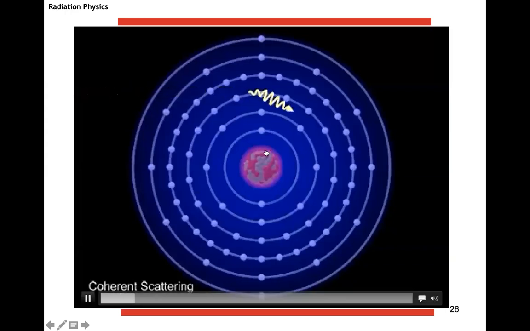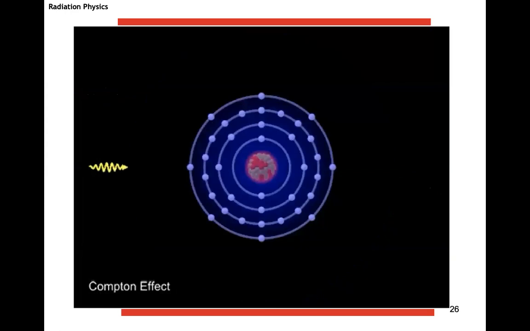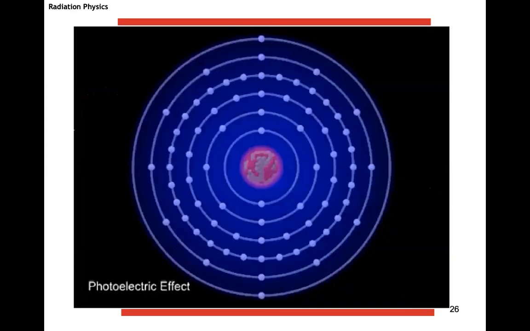This is a coherent scattering, a simple scattering of the photon. Then the famous Compton effect, where there is an inelastic scattering with an electron, and then you make an ionization. The photoelectric effect, where you absorb the photon and you have an electron emission.